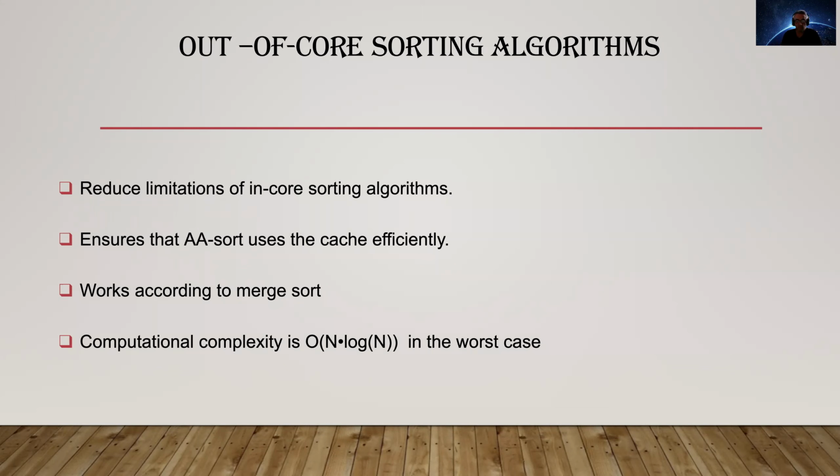It works based on merge sort and uses a new vectorized merge algorithm. The locality of memory access is better than in the in-core sorting algorithm. The computational complexity of this algorithm is O(n log n) in any given worst case of the algorithm.